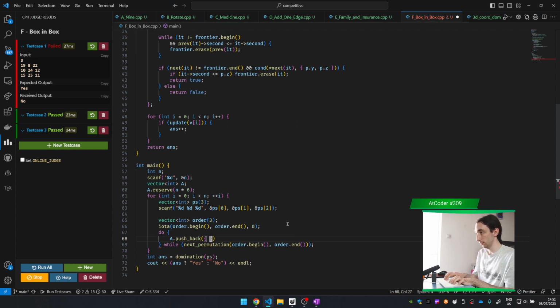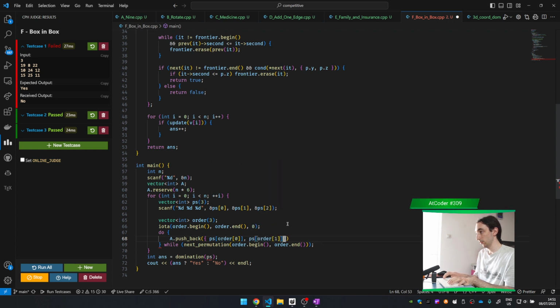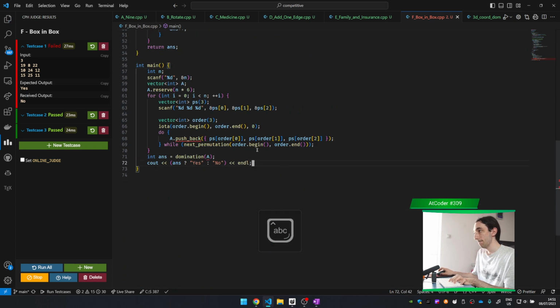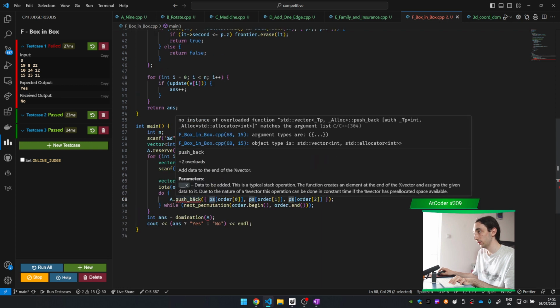This is PS order 0, PS order 1, PS order 2, and then this is A. Why pushback doesn't work?